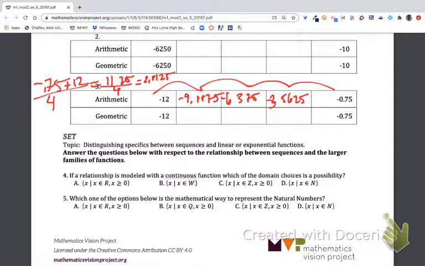The next one is our geometric. So we'll take the last term, negative 0.75, and divide it by negative 12. Again, feel free to use your calculator to take that 0.75 divided by 12 and see that I'm going to need to multiply by 0.0625 each next step.